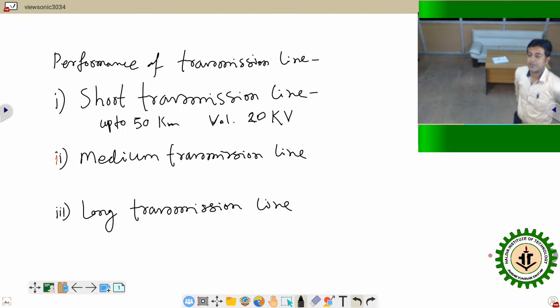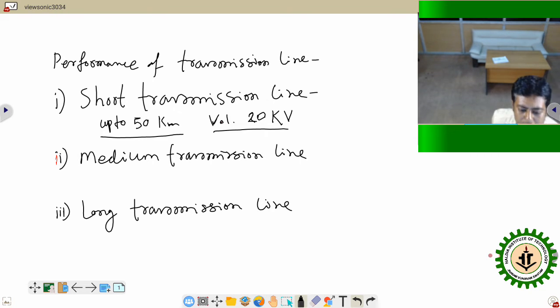As the length and voltage are within limits, we consider the parameters according to the voltage level and length: the resistance, inductance and capacitance.